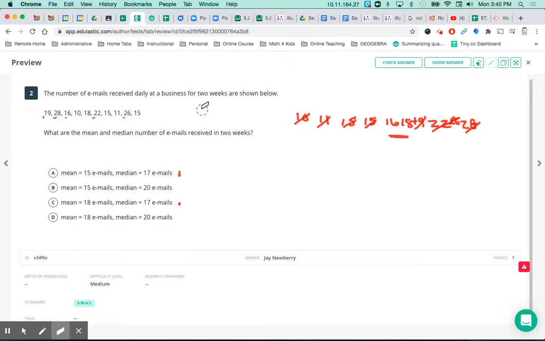I got 180. Now there were 10 days, so I do 180 divided by 10 and I get 18. All right, 18 for my mean. There's only one answer here where we've got 18 for the mean and 17 for the median, and that is C. Okay.